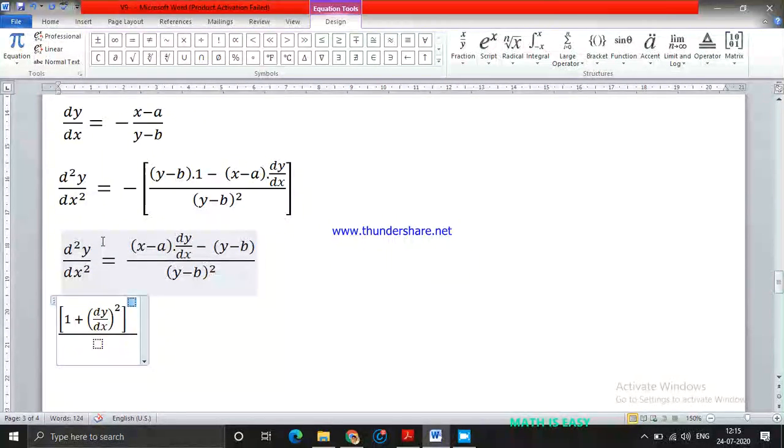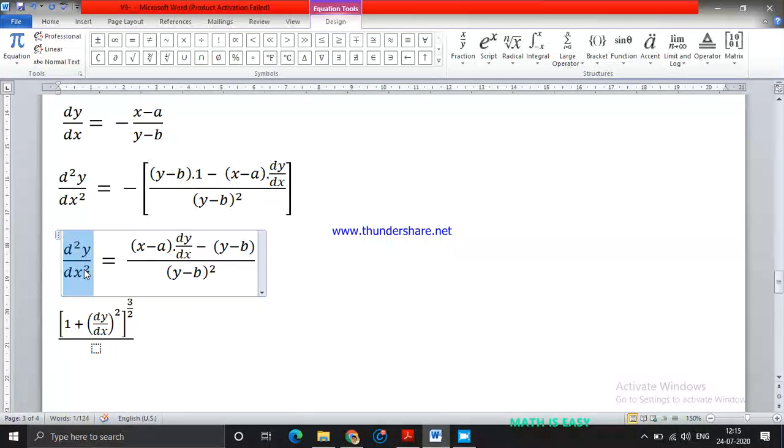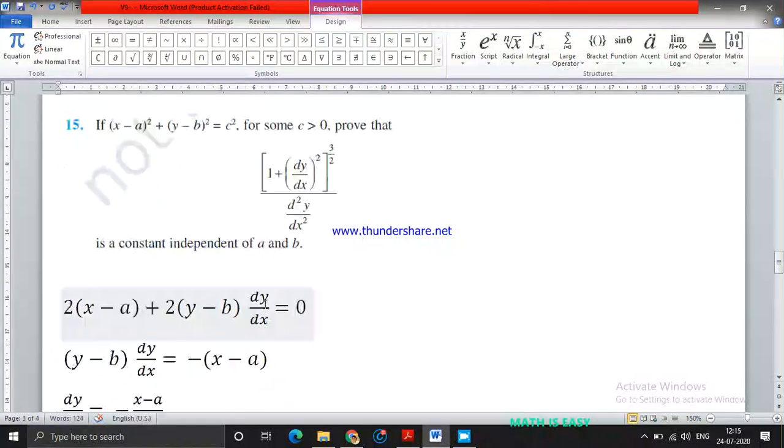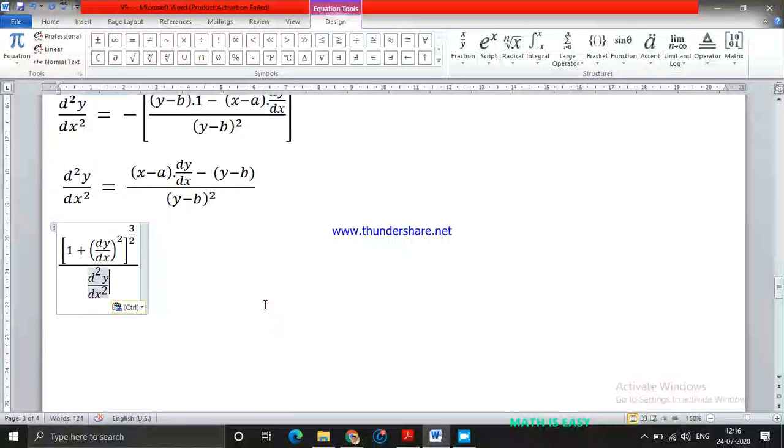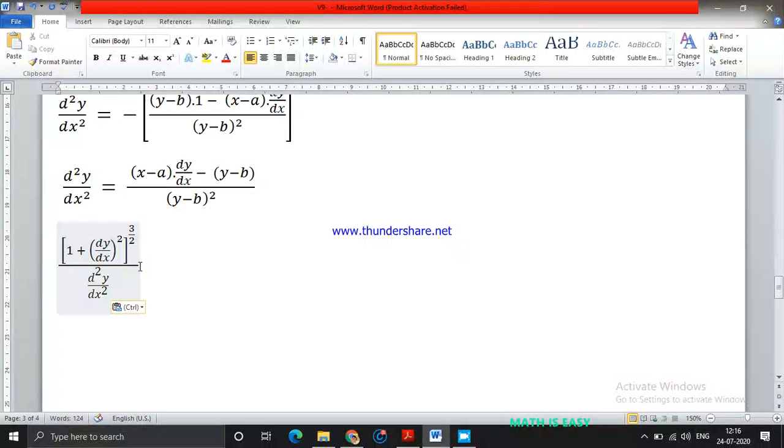So a lot of mathematical steps. 3 by 2 upon d square y by dx square. I think I am right. Yeah. So after getting this step, now I have to substitute the values we get.